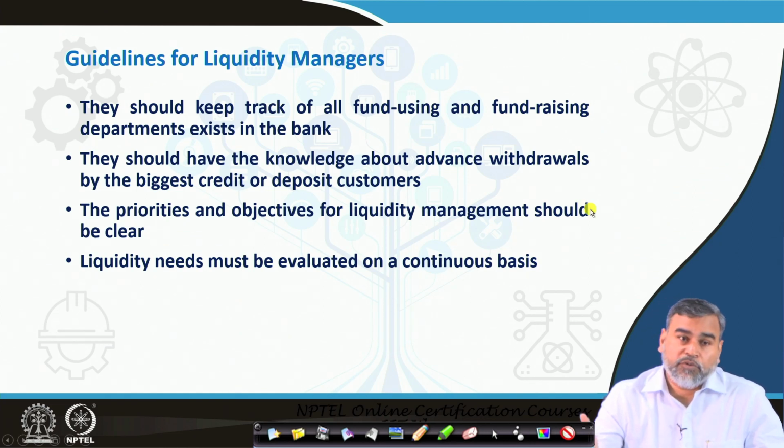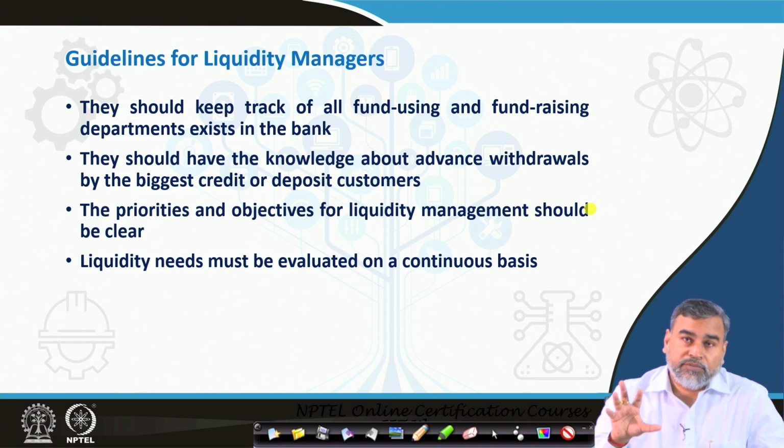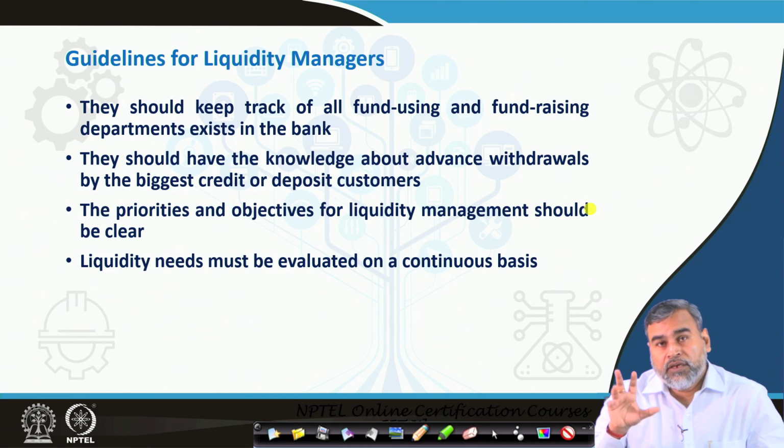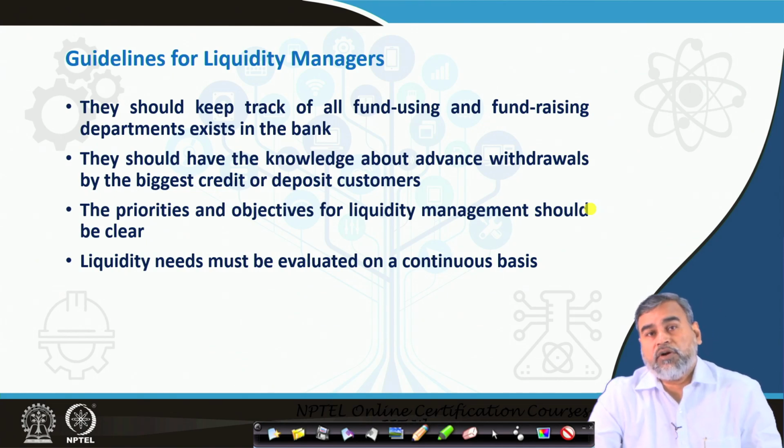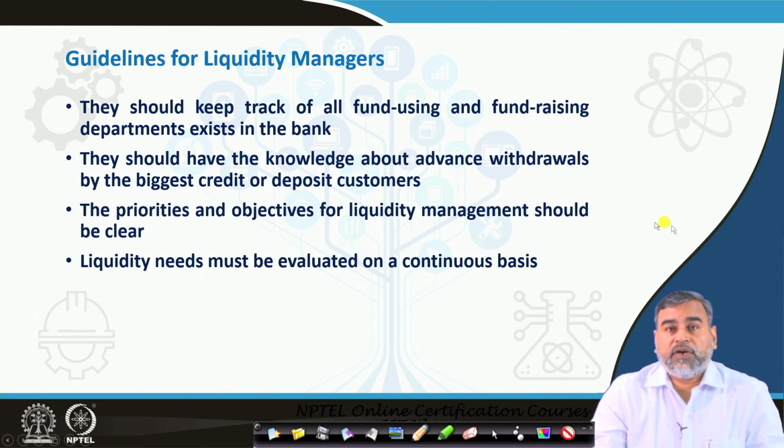Small deposits are withdrawn on a regular basis, but at any time a larger amount of deposits may be withdrawn, or a bigger loan may be disbursed. So the money managers should know in advance that they need this much money at this point in time to overcome such gaps. By that they will be prepared beforehand for how this requirement can be fulfilled or this demand can be honored.